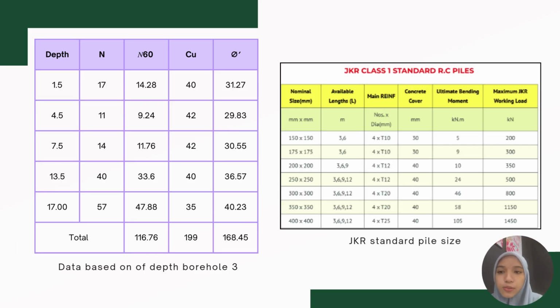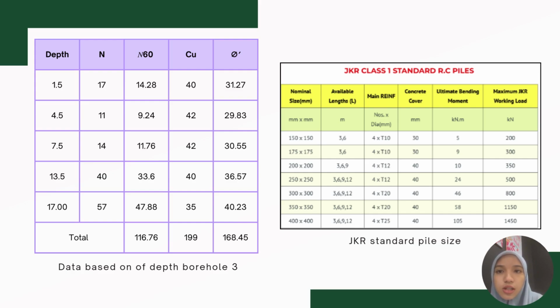For borehole 3 we got N60 of 116.76, while the friction angle was 168.45.